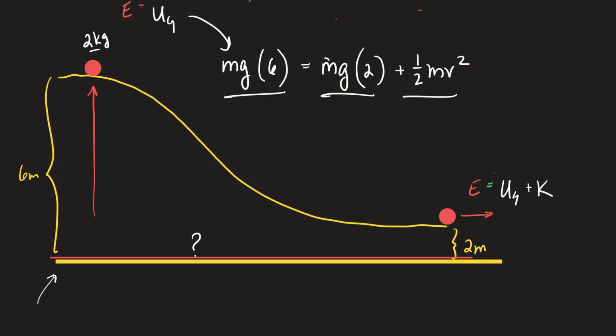But I'm noticing some of you are having trouble with that, so I'm not going to. We're just going to leave it in there. This will be 2 times 10 times 6. This will be 2 times 10 times 2.